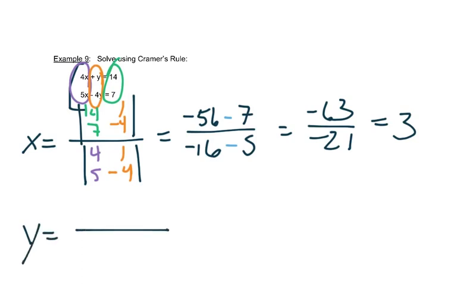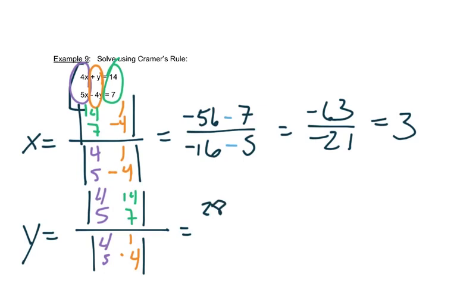So now we'll do our y's. On the bottom we just use the same matrix, the x's and the y's as normal. But on the top, because we're finding y, we put that 14 and the 7 in the y column and we keep the x's. So we'd have 4 times 7 is 28, minus 5 times 14 is 70.